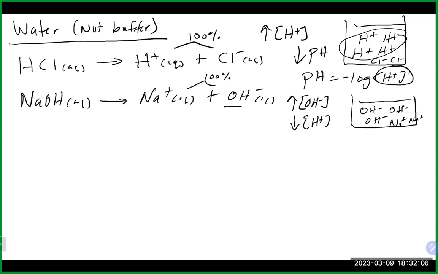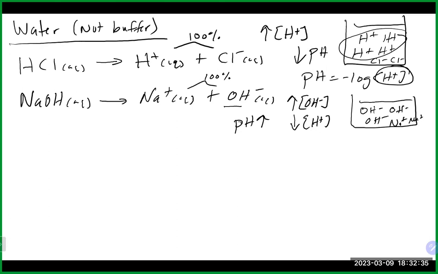And as a result, we will see the pH actually go up. More hydroxide in the solution, less H plus in the solution, we will see a really big jump in pH with water because it's not a buffer, because we basically just increased the OH minus concentration. So maybe it goes from a pH of 5 up to like a pH of 9 or something like that, based on how much base you throw in there.